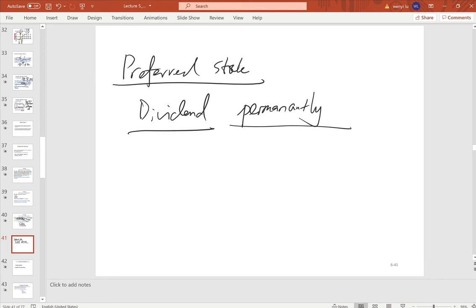Suppose a company sold a preferred stock to Jack, and this preferred stock pays dividend quarterly. So every 3 months, Jack will receive a dividend from his preferred stock holding of $4 each share.